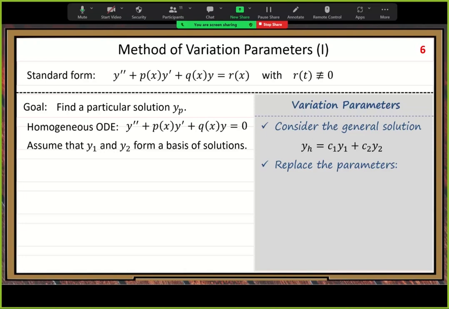Next step, replace the parameters. Here C1 and C2 are parameters, but both are constants, right? Look at how mathematicians play magic here. Based on our whole old theory, for the general solution we should use constants right here. But here they make some wild manipulation.